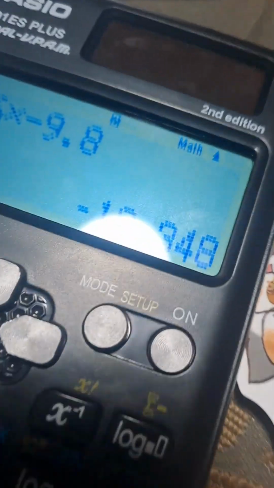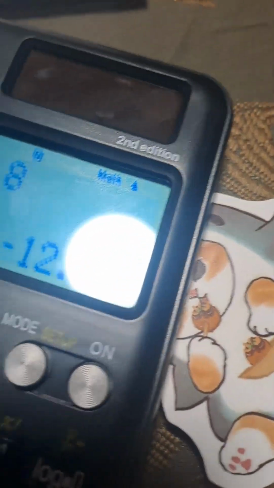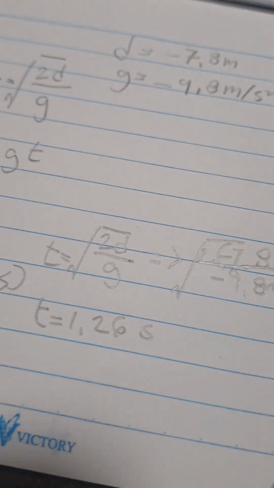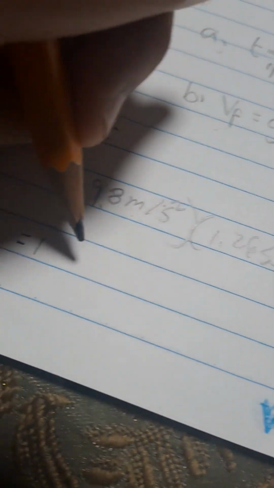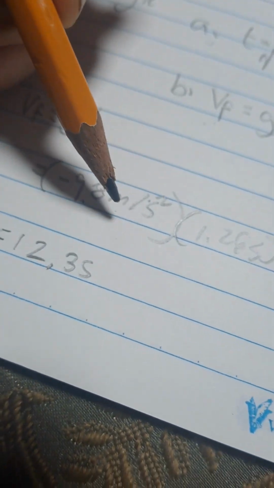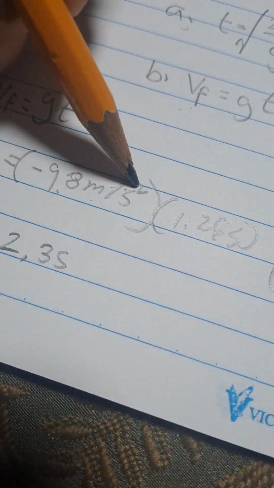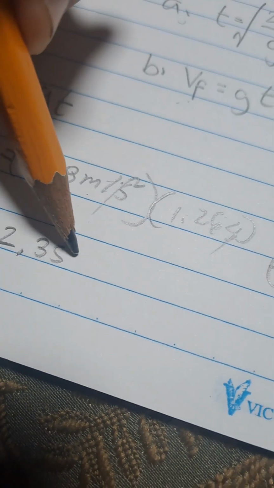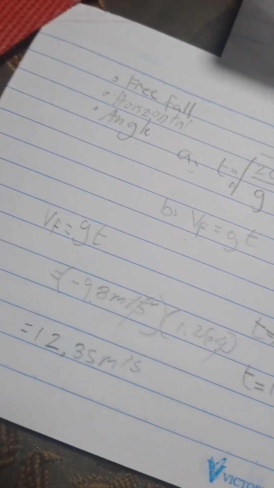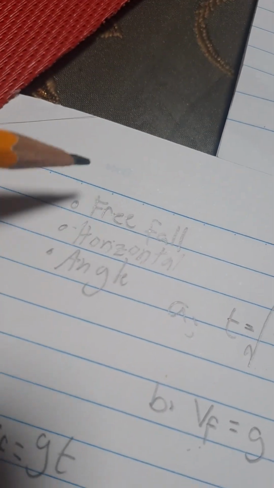Turn it to decimal. It's negative 12.35. You have to round that up. 12.35 meter per second. You cancel out one S and this S, and you're left with meter per second. Don't forget to do this one. And that's how you end up with your free fall.